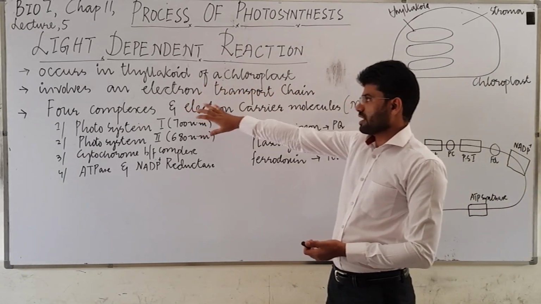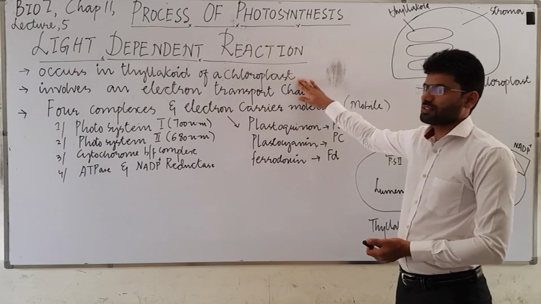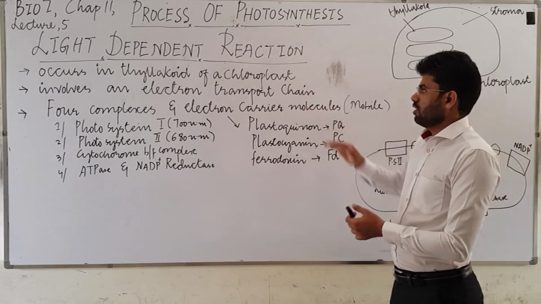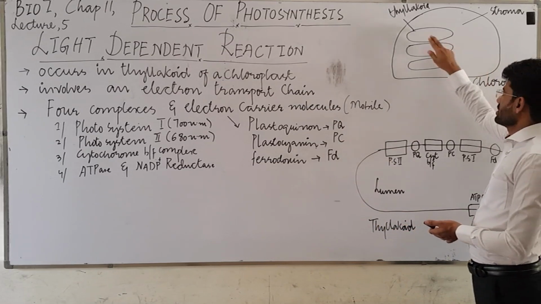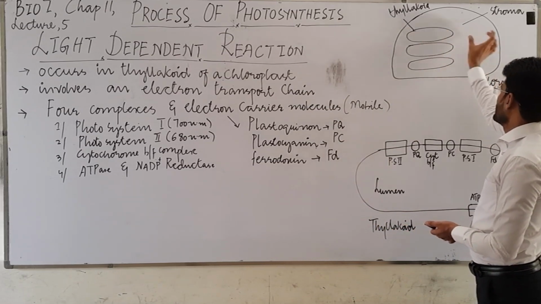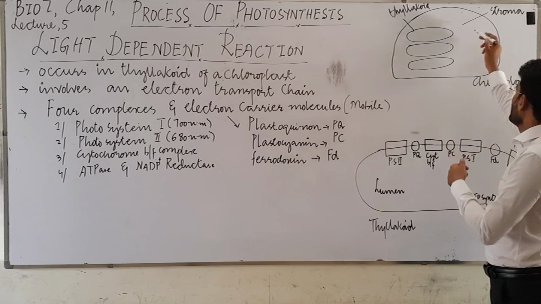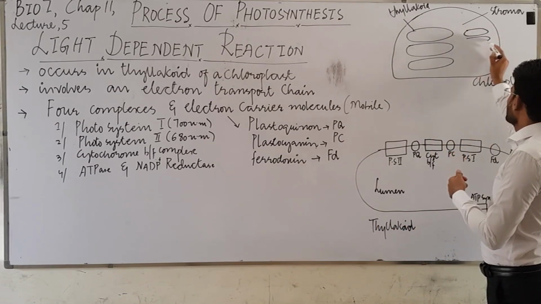As it's written already, it occurs in the thylakoid of a chloroplast. As this is a chloroplast, this is a thylakoid. There will be some other discs as well, which are also called thylakoids.